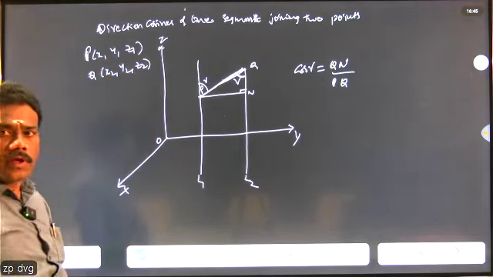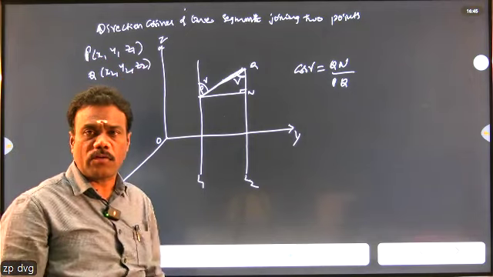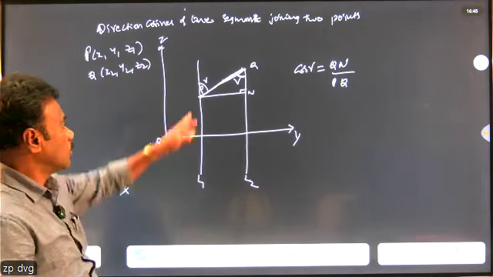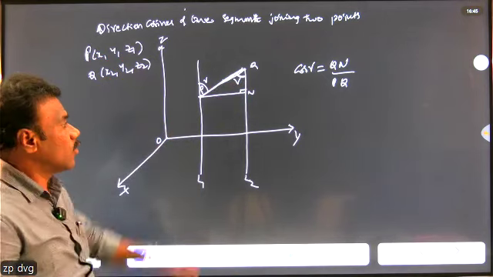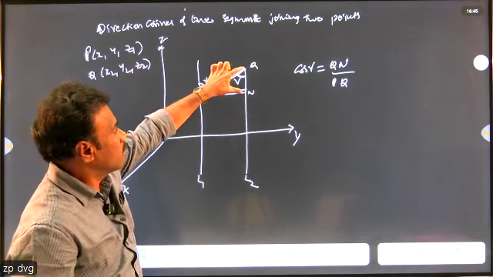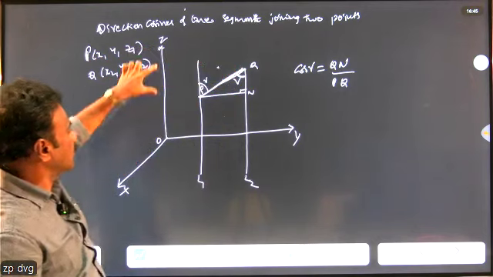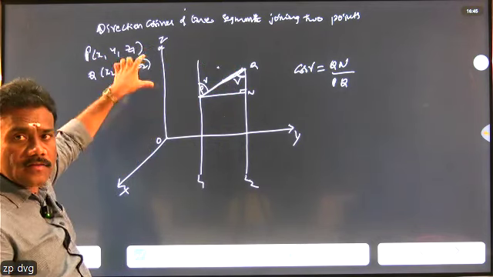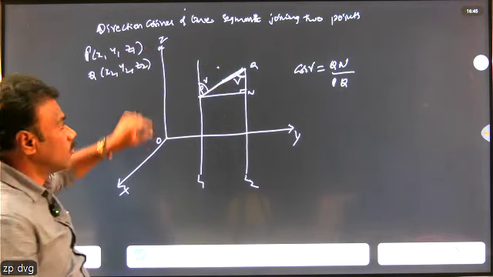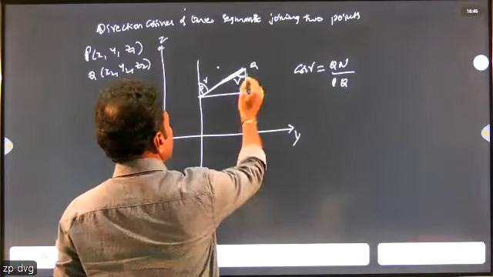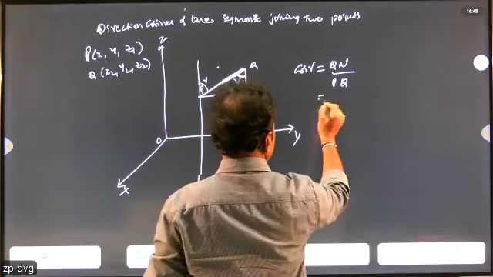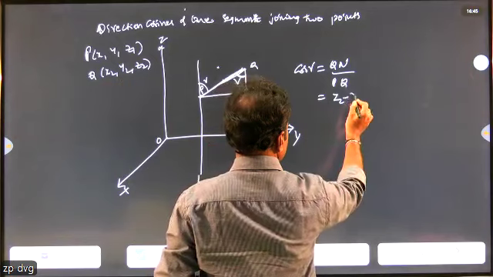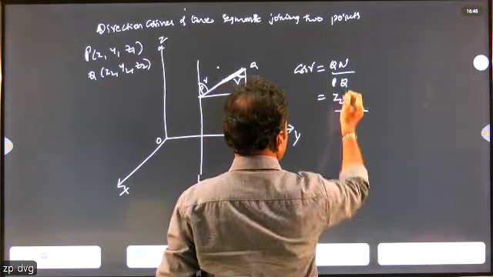This QN is parallel to the z axis, so QN length is z2 minus z1, by PQ.